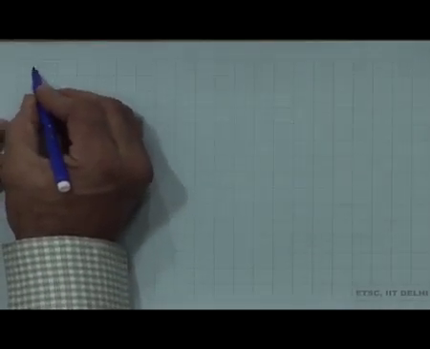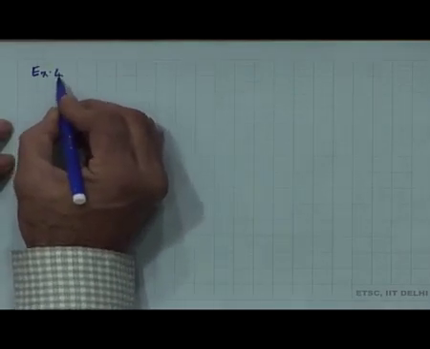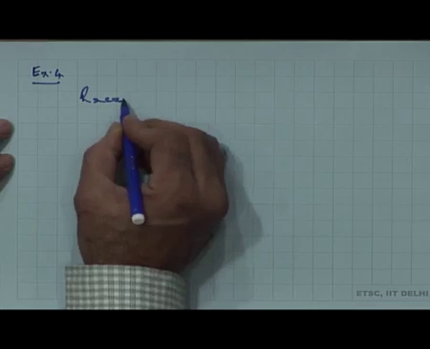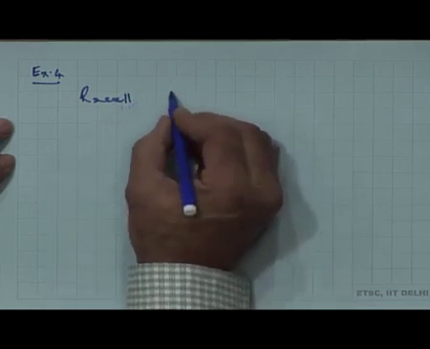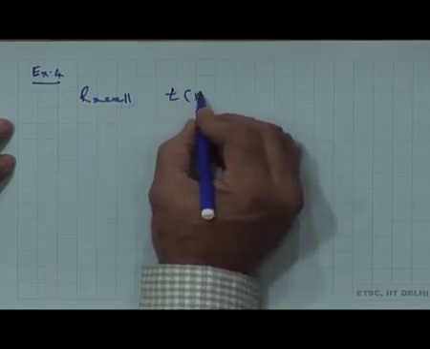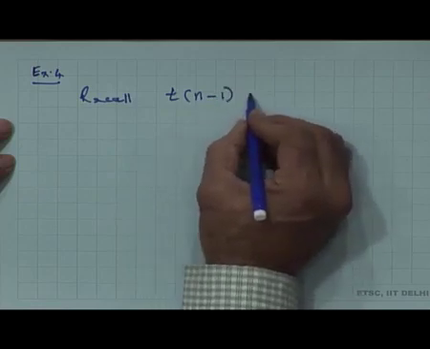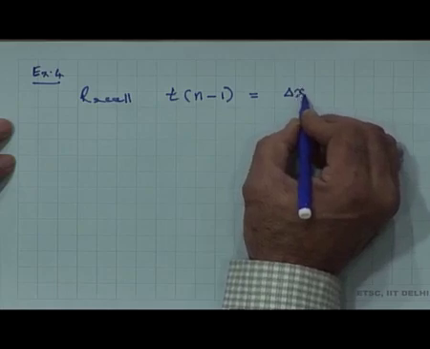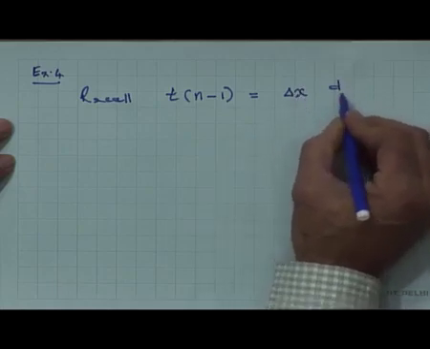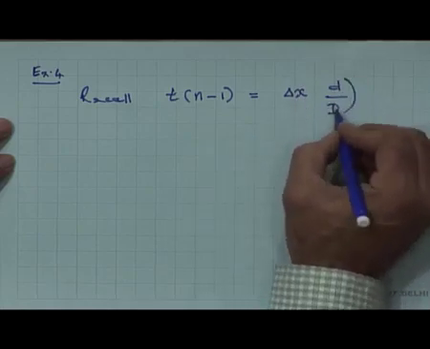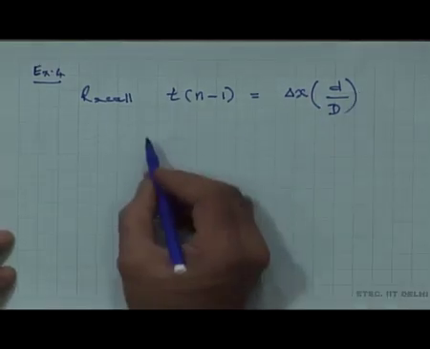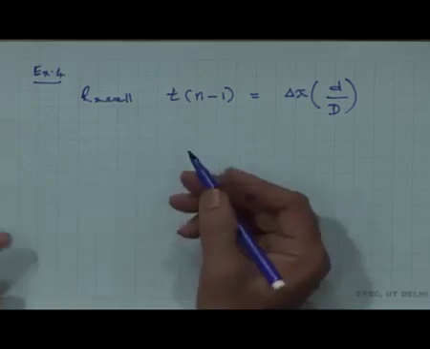Exercise 4. We recall that we have derived an expression: T into n minus 1 is equal to the fringe shift, I call it delta x, into d by capital D. This expression is quite straightforward.